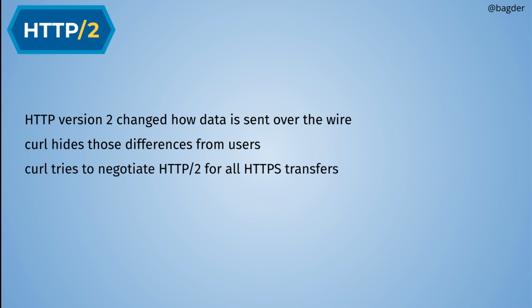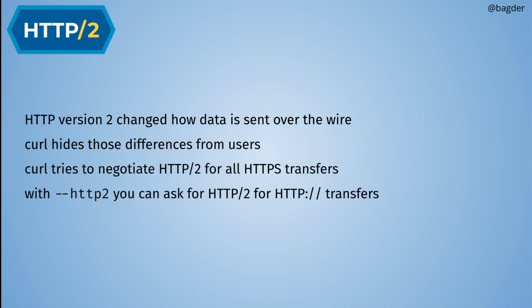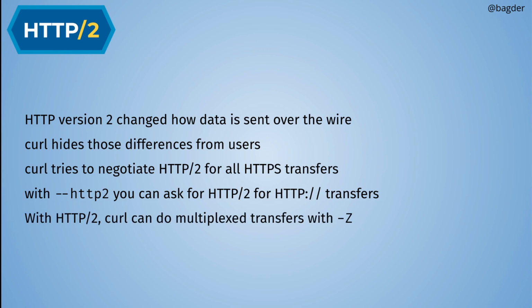It tries to negotiate HTTP/2 for all HTTPS, and you can make it try to use HTTP/2 even for HTTP transfers if you ask it to. It's sometimes a recipe for disaster, so maybe not go overboard, basically because of how the internet and servers work, not because of what curl does.